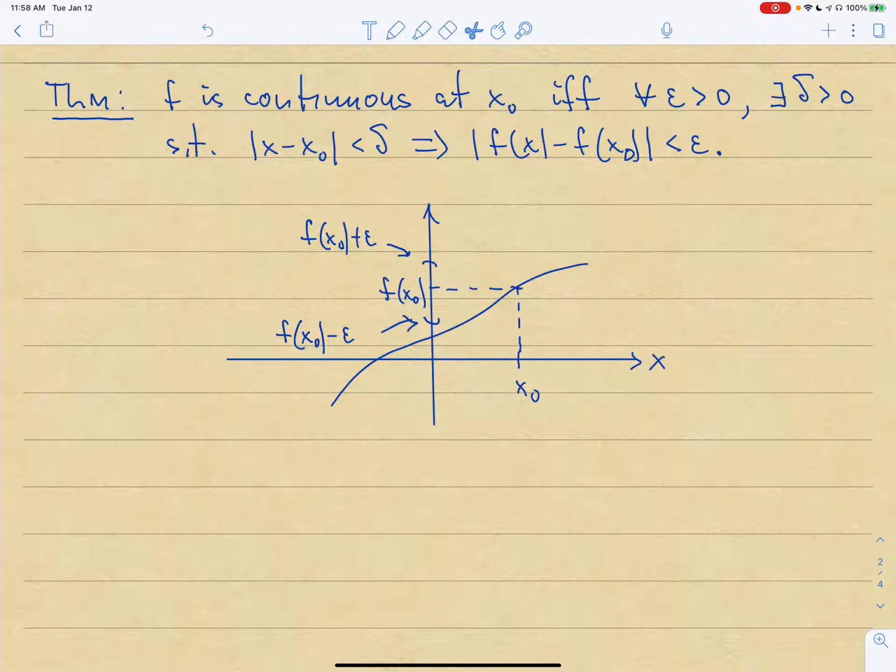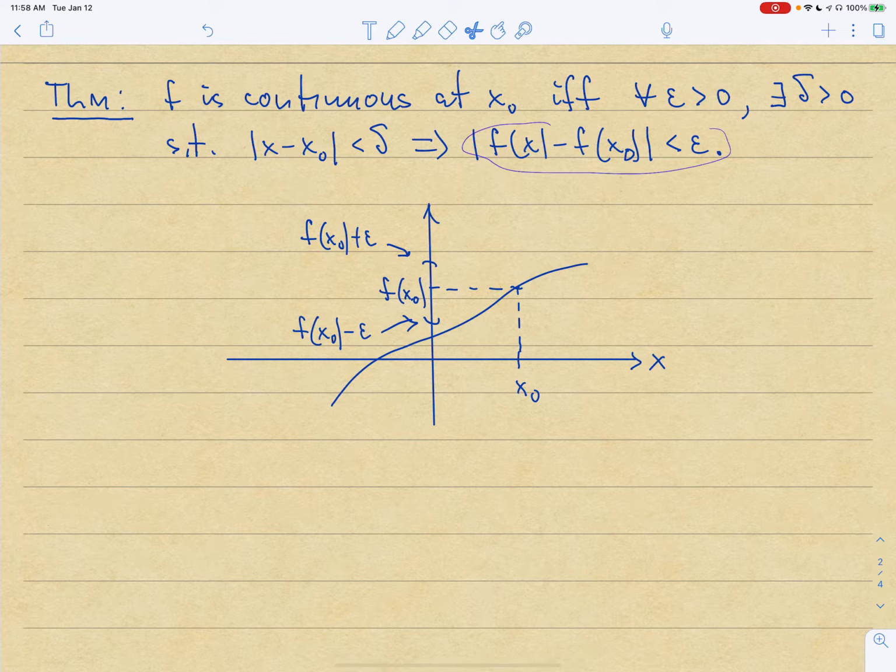Because that is a range in which y is allowed to vary if I impose this condition, the magnitude of f of x minus f of x0 is less than epsilon. All right, how do I choose x to ensure that f of x is going to fall within this interval?